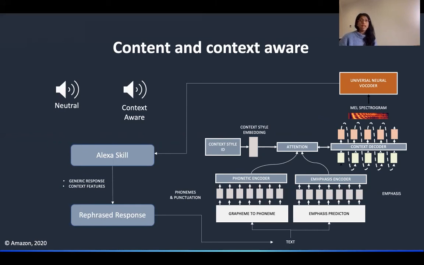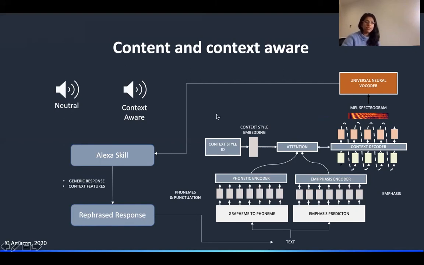So over here, we add more information to the model, like the Alexa application or the intention, to drive the capability of the decoder as to what style, what degree of emphasis, and what emotion should be given to the Alexa response.